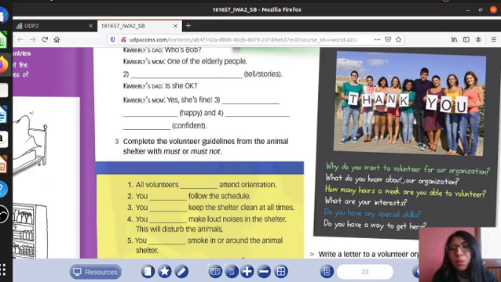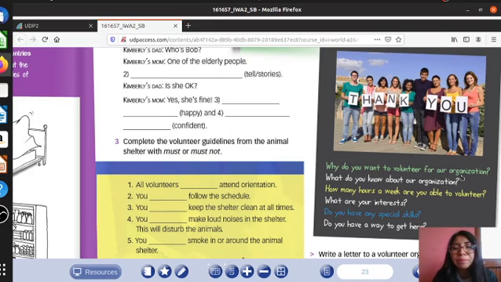Why do you want to volunteer for our organization? Okay, for example, I want to be a volunteer because I like to help people. Okay, that is my answer. You have to do your own answer. What do you know about our organization? For example, it could be, I don't have many details about your organization, but I am interested in your idea in order to help people, or in your case, in order to help animals.